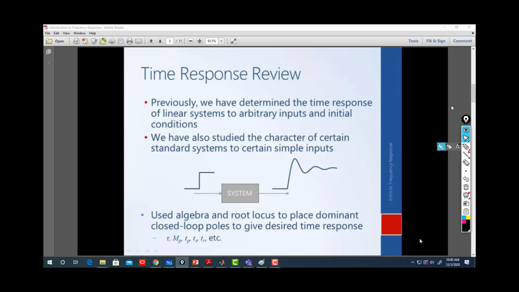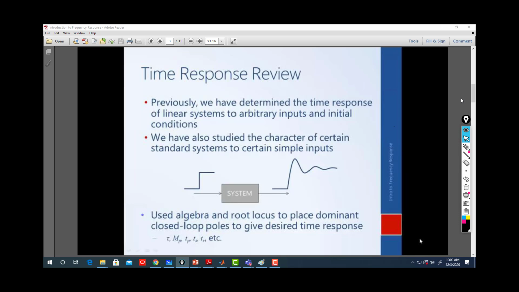This is how the time response usually looks, as a function of time. And we studied the characteristics of certain standard systems to certain simple inputs, basically first and second order systems.